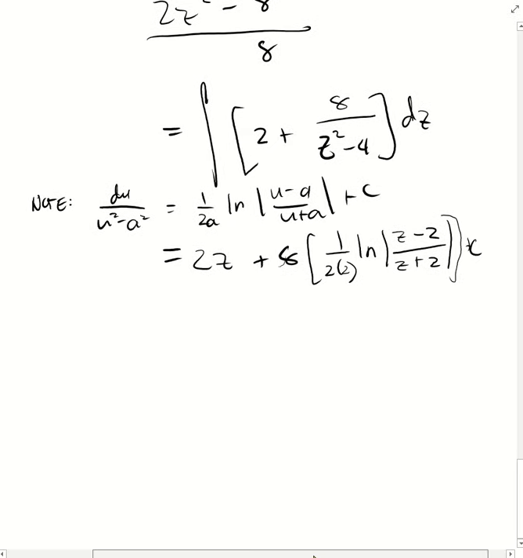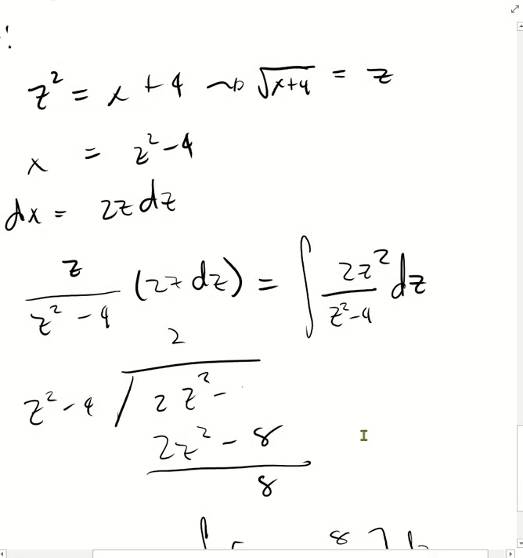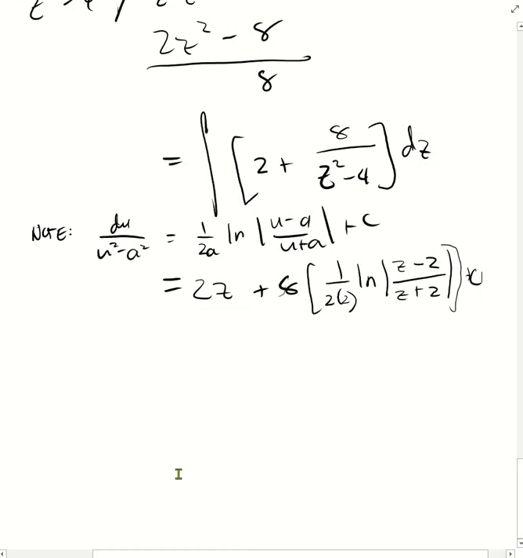So that's the integral in z. Now we go back to x. We need to determine what is our z. Our z is square root of x plus 4. So we just substitute z with the square root of x plus 4. So therefore, the integral of the square root of x plus 4 all over x dx is now equal to 2 times z, or 2 times the square root of x plus 4.